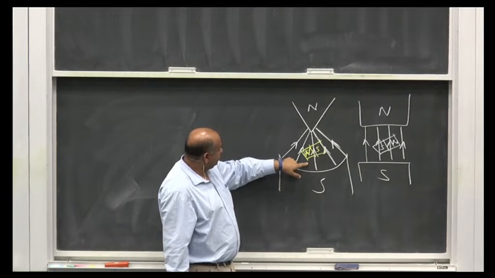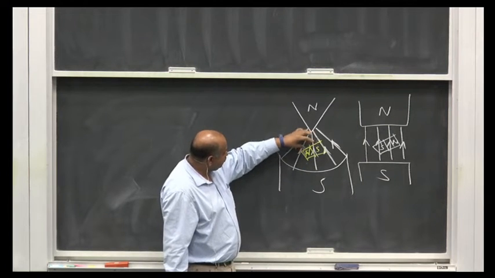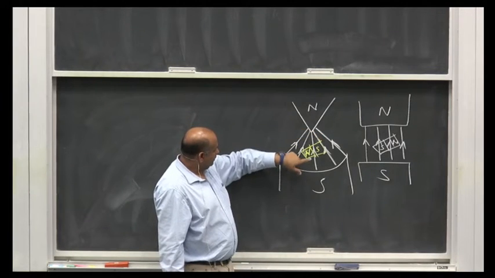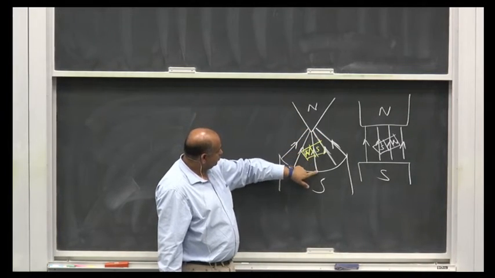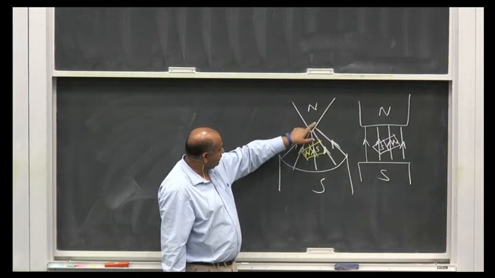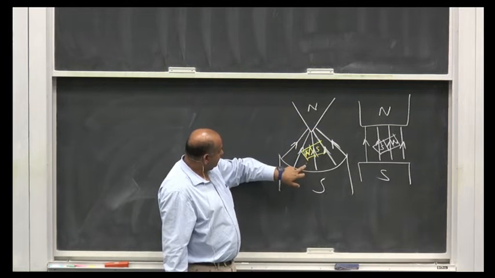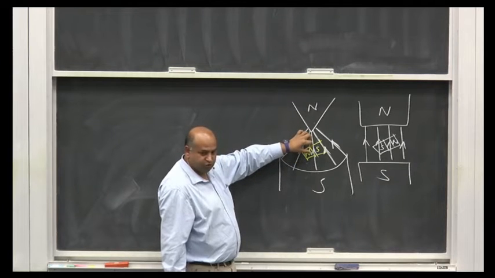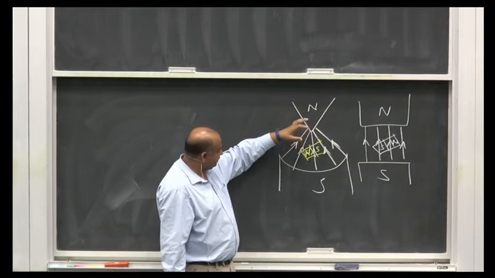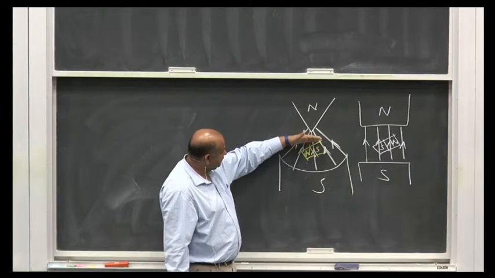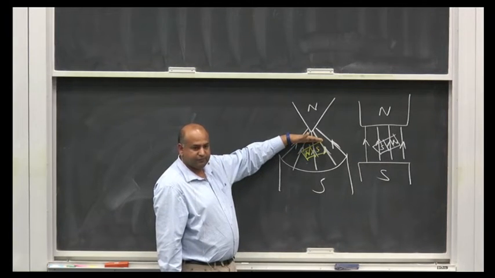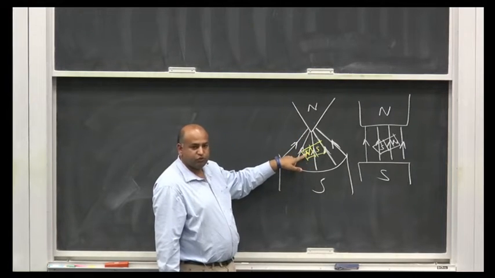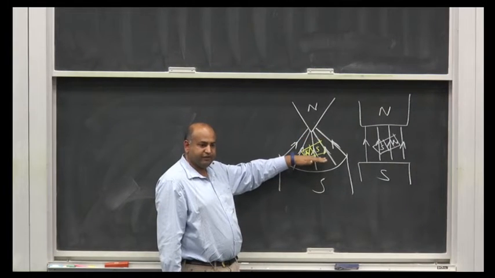So the net force is in the upper direction. So this is repelling it and this is attracting it. ये इसको attract कर रहा है, ये इसको repel कर रहा है. So थोड़ी सी rotation होगी, ठीक है? So forget about rotation. In terms of translation, there is a net force in the upward direction. और अगर ये north हो और ये south हो, so there is a net force in the downward direction.